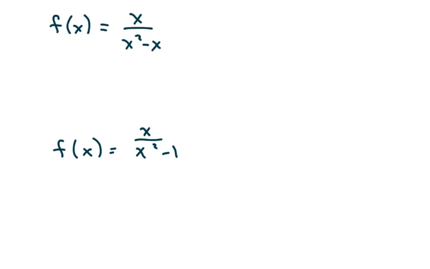Now the second set is where we're going to have some discontinuities. If I look at this first one and rewrite it, factor out the x, we're going to say that it's not continuous at x equals 0 and x equals 1.